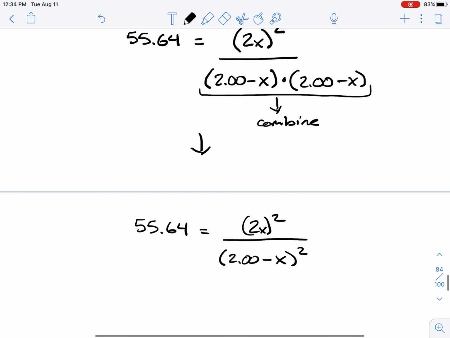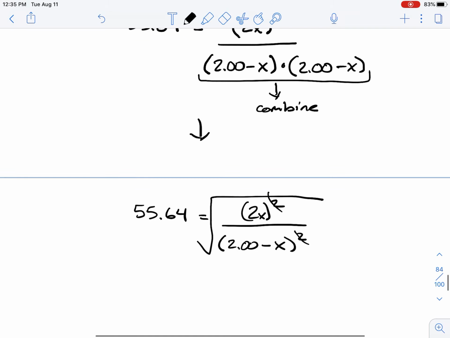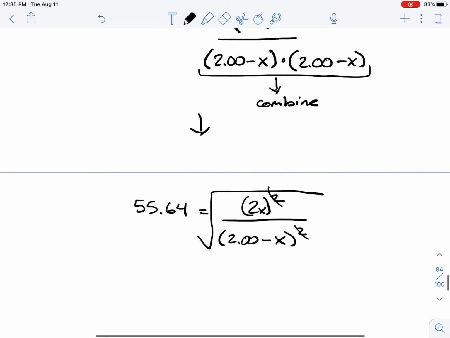All right, so our goal is to solve for x, just because that's what algebra tells us. And so we want to get rid of these exponents. And it's pretty cool because they're the same. So what we can do is take the square root of the whole entire term. This square root is going to cancel out both of those exponents. And what we do to one side, we have to do to the other.